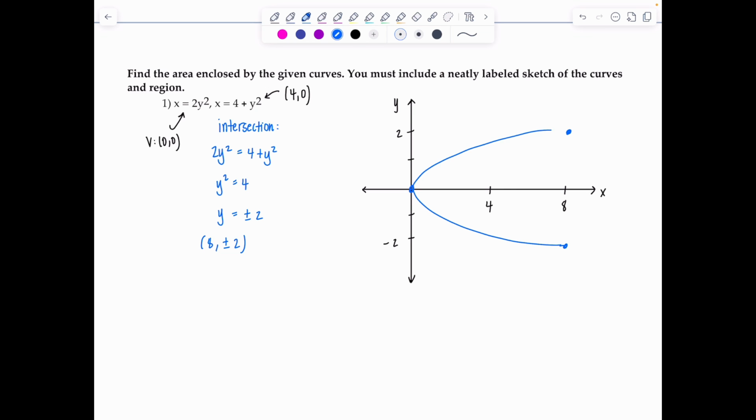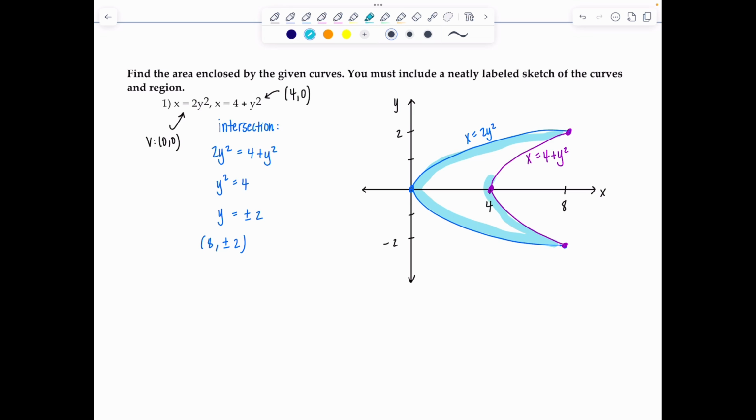That one has the vertex at the origin. And then our other parabola has vertex at 4, 0, and it's going to go through 8, plus or minus 2 as well. And this is x equals 4 plus y squared. Okay, so this is the region whose area we're trying to find.